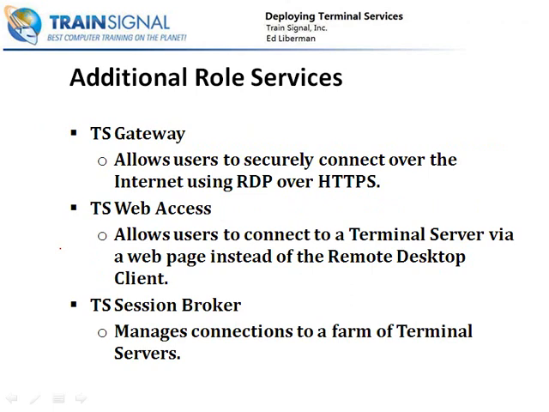Now, a few additional role services are available within the terminal services role on Windows Server 2008. First of all would be the terminal services gateway. Now, this is a way of allowing users to basically have these remote desktop type connections via the internet, meaning via an unsecure network. And this is done by using the Remote Desktop Protocol, or RDP, over HTTPS.